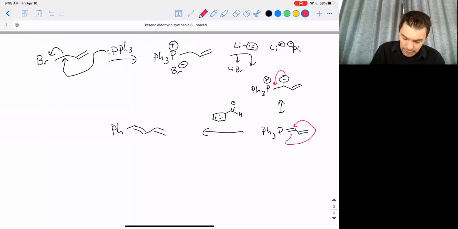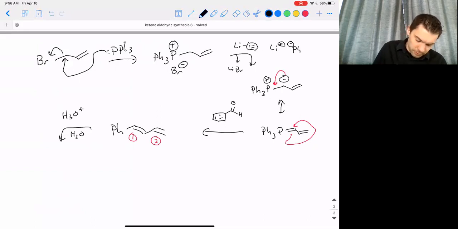Now we have to consider how to react at alkene 1 instead of alkene 2. And our simplest conditions for reacting at double bonds is just simply H plus and water. And remember, H3O plus really tends to mean H2SO4, and so usually HSO4 minus is the counterion to that hydronium for a number of these conditions.